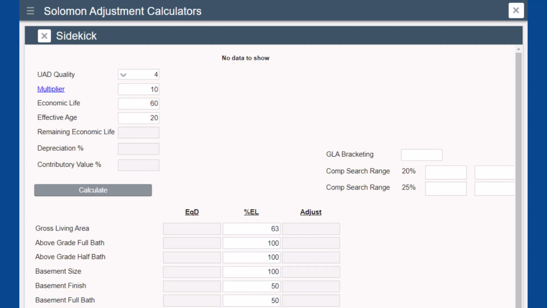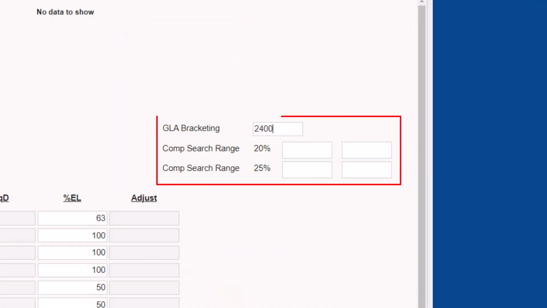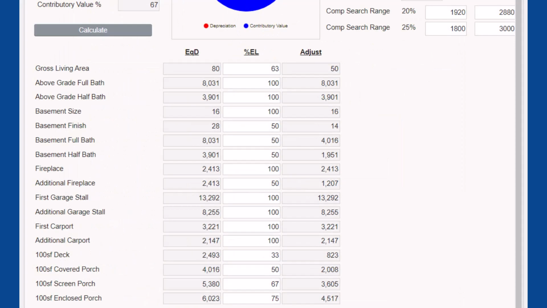The GLA bracketing tool does not affect adjustment calculations. It is provided as a convenient way to document the GLA search criteria. Adjustments are calculated in the EQD column with the assumption that depreciation is equal throughout the house.